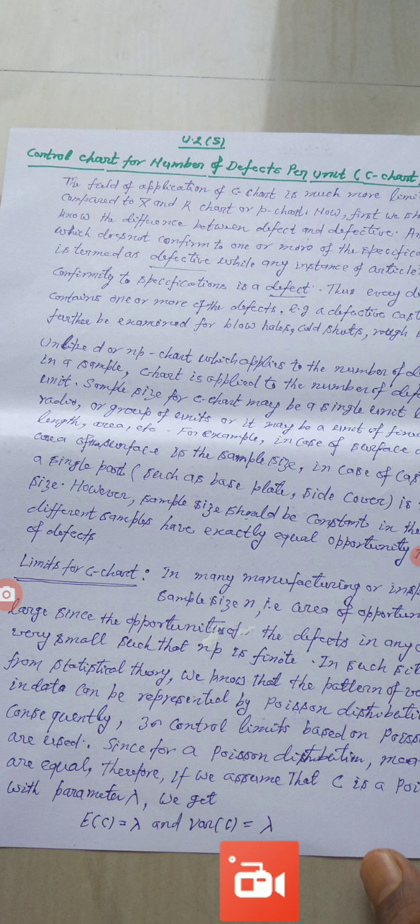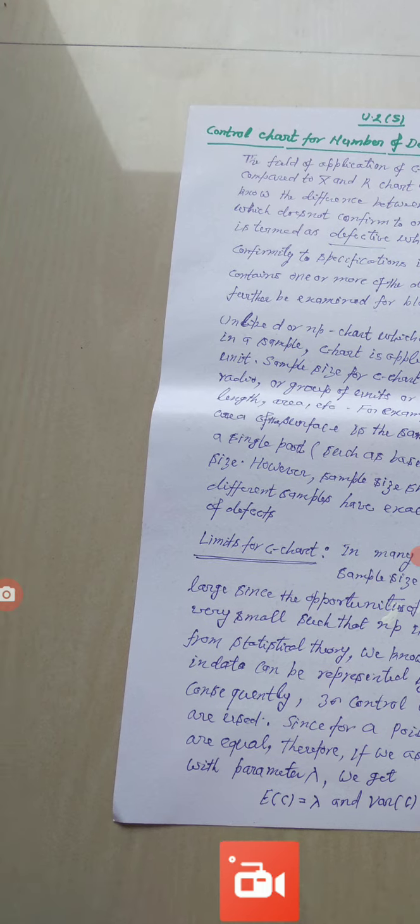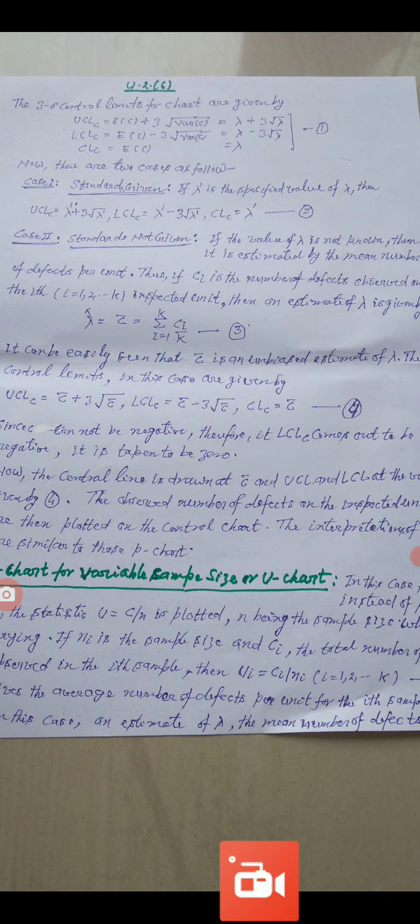Therefore, if we assume that C is a Poisson variate with parameter lambda, then we get expectation of C is equal to lambda and variance of C is equal to lambda, since mean and variance of the Poisson distribution are equal.